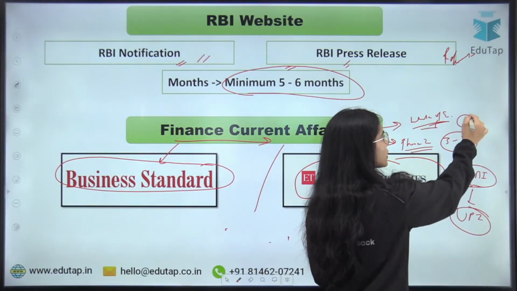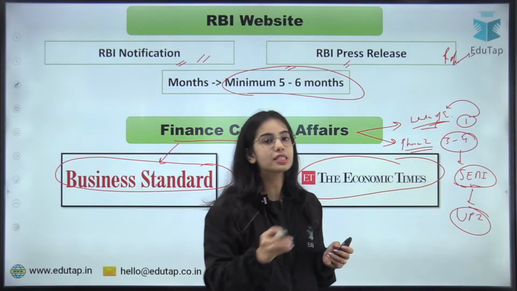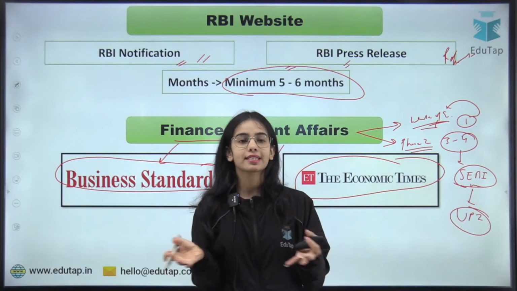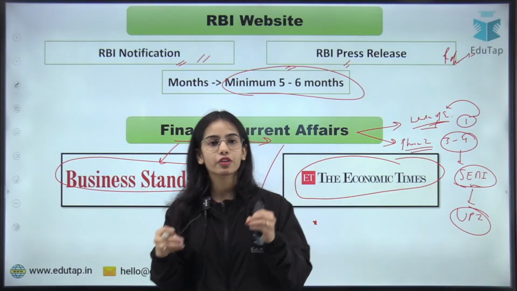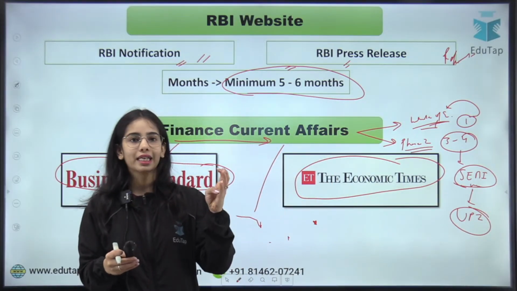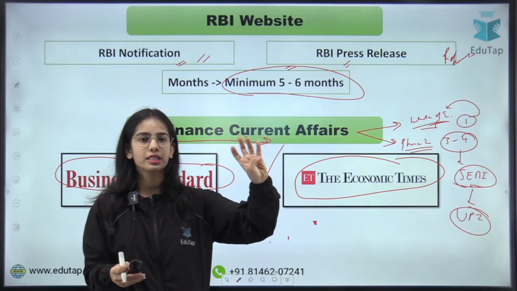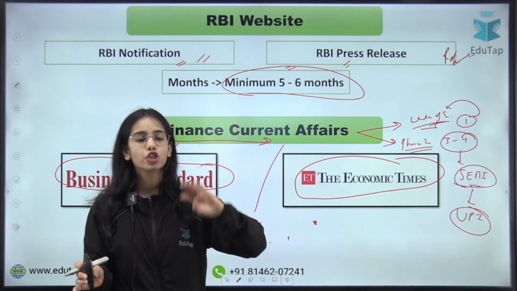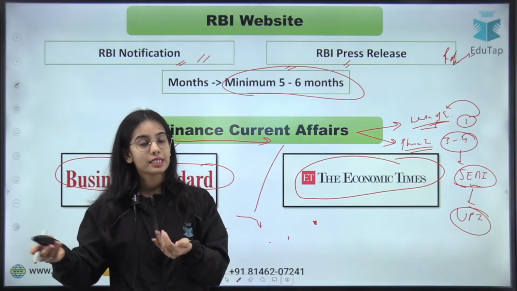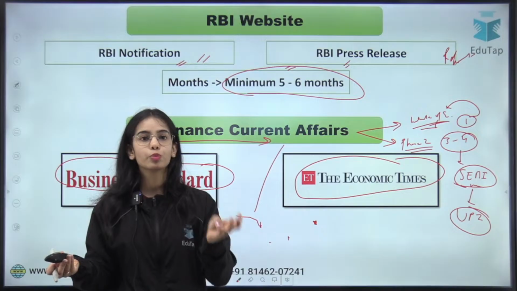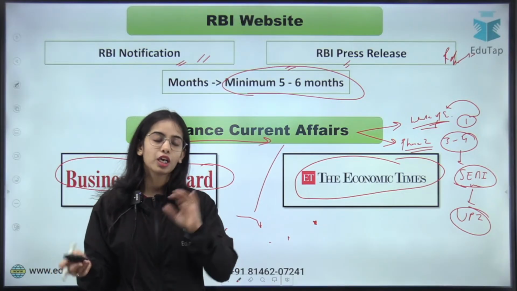One additional question came from SEBI news because it was related to something new that SEBI had launched and it was affecting the whole of the country. So you should focus on finance current affairs related to regulatory bodies like SEBI, IRDAI and such, that affect the whole of the economy, or that are linked with the systems RBI focuses on, like UPI, RTGS, NEFT and such. Okay, so this is the idea.